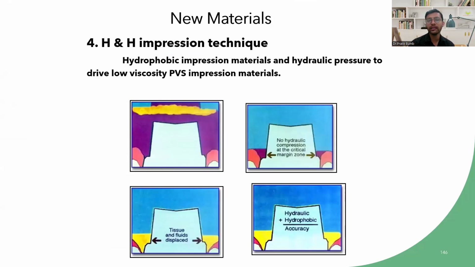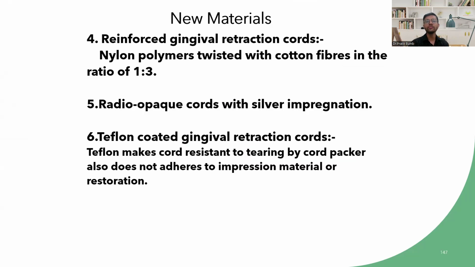Another thing is the HNH impression technique, where HNH stands for hydrophilic and hydraulic pressure. A low viscosity polyvinyl siloxane material can be placed over the tooth. You put your light body and then put your putty impression over it. Once you make the impression, all of your sulcus is recorded in the light body.